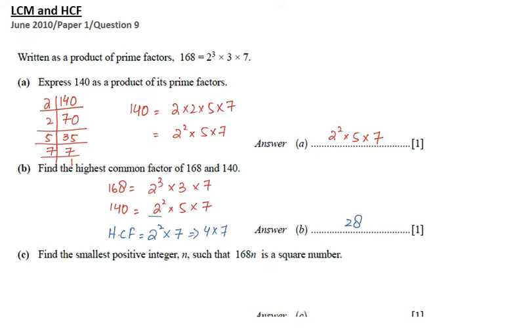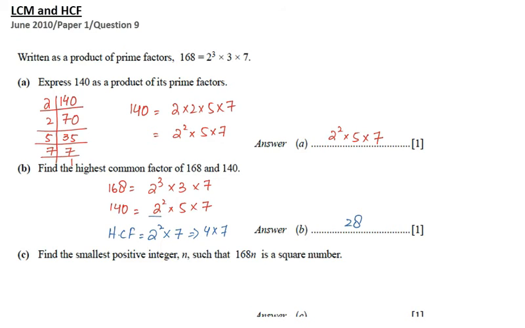Now this last part is very important. Here they are saying find the smallest positive integer n, such that 168n is a square number. So basically they are saying multiply 168 by a number, that number must be positive, and the answer will become a square number, okay?